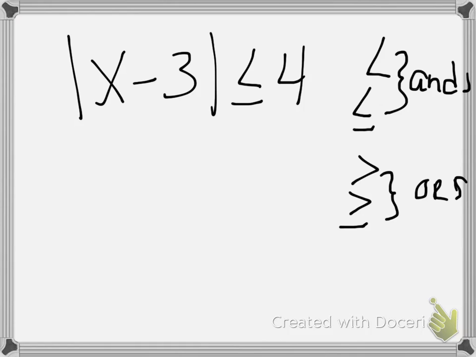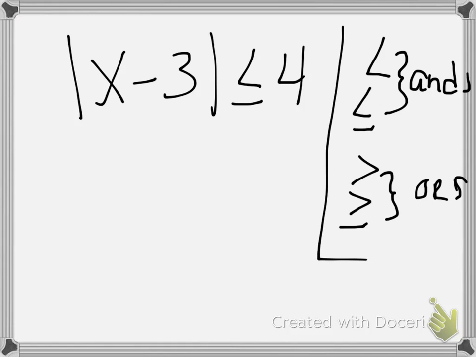So it's very important that you know this information. I used to remember it, kind of silly, as greater is an or, and less than is an and. That's how I always remembered it.